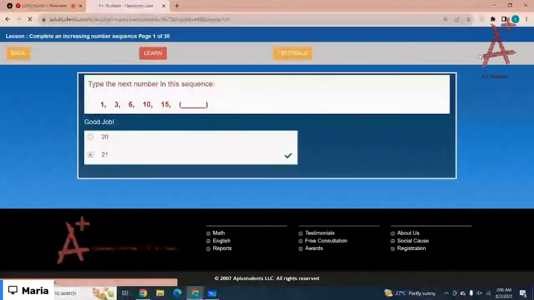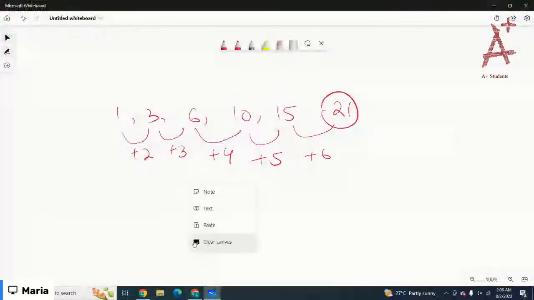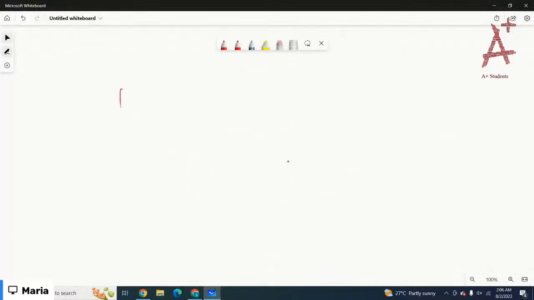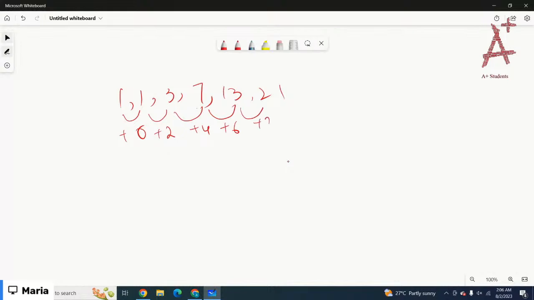Okay, the next one is 1, 1, 3, 7, 13, 21. Okay, 1 plus 0 makes 1. 1 plus 2 makes 3. 3 plus 4 makes 7. 7 plus 6 makes 13. 13 plus 8 makes 21.